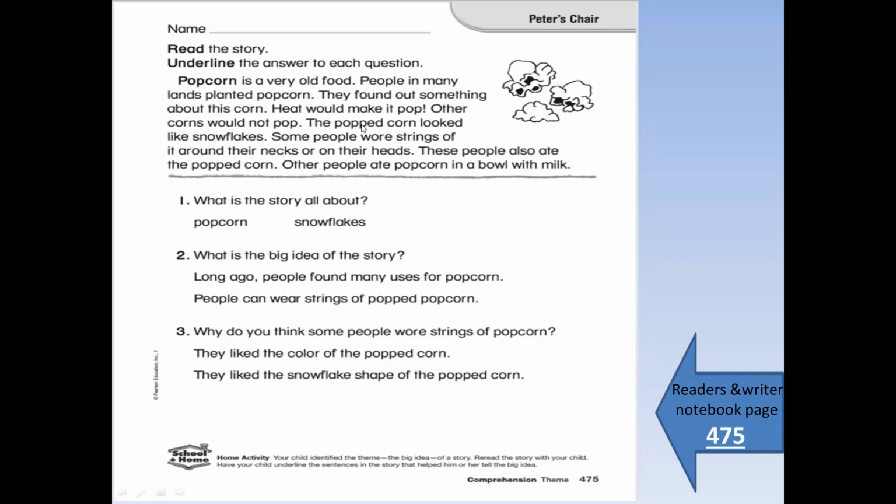The popped corn looked like snowflakes. Some people wore strings of it around their necks or on their heads. These people also ate the popped corn. Other people ate popped corn in a bowl with milk.